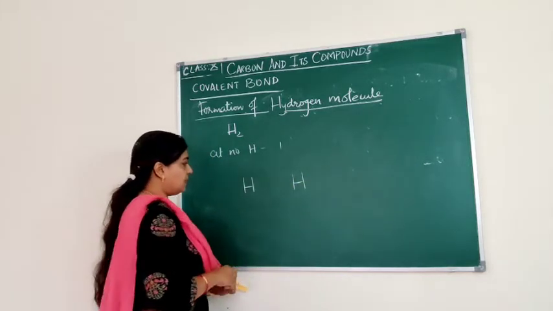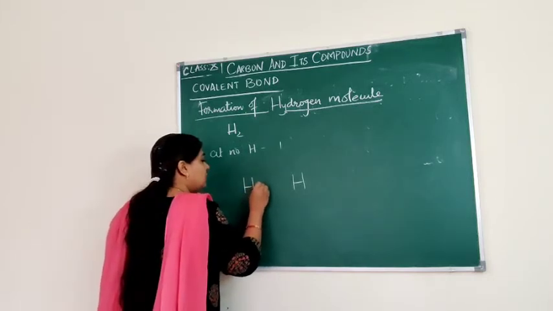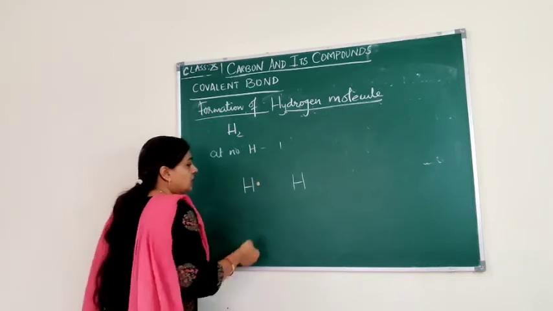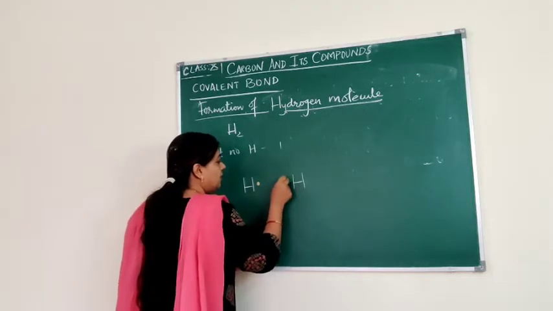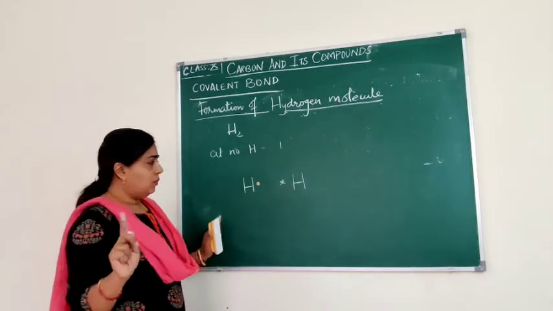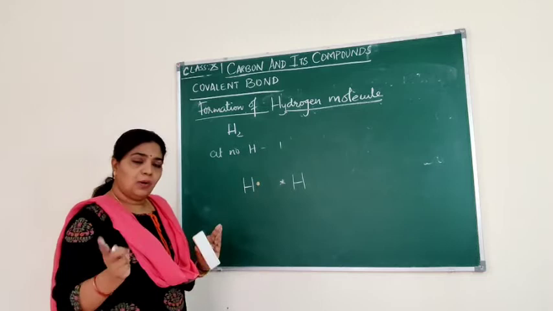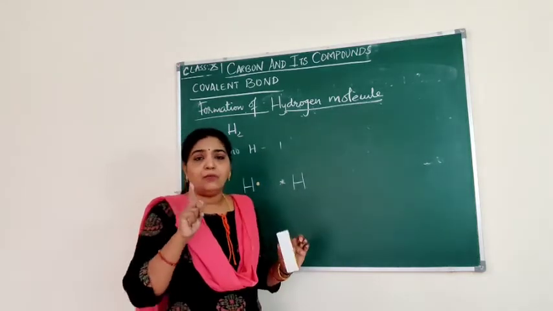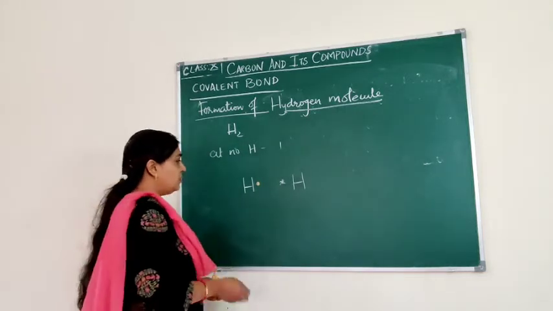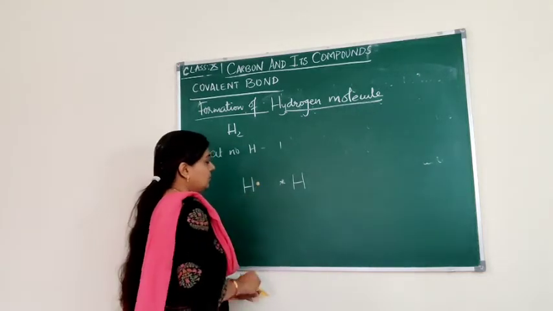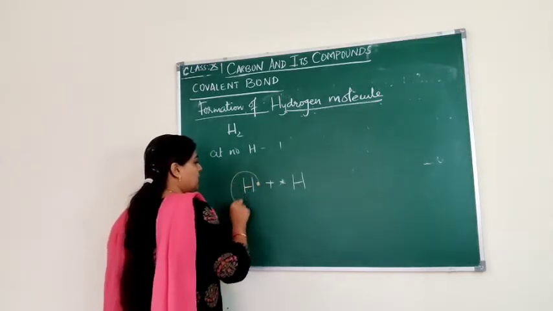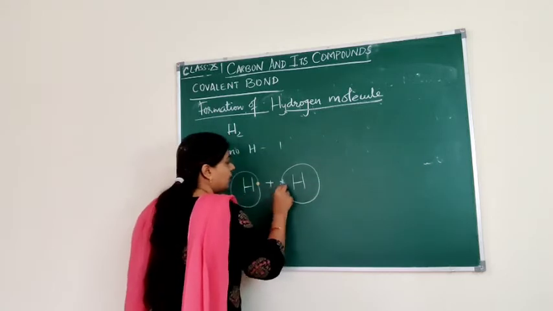So how do you represent this? You can use different structures. Always start with one dot. So we have two hydrogen atoms, and each needs one electron to become stable. So let us put the dots for the structure.